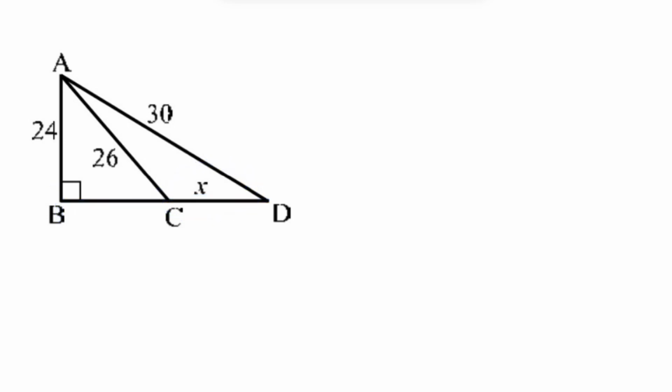So the first thing that you do, in the big triangle, I'll calculate BD. So you will say AD square, which is the longest side, is equal to BD square plus AB square, right? So what is your AD? You are given your AD is 30. You say 30 square.